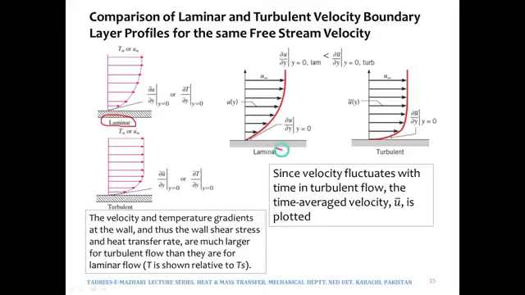It is the same illustration, taken from Incropera and DeWitt and from Yunus Cengel, but they are telling us the same thing: in laminar flow, the changes in the velocities at any particular location would be less than in the turbulent region.